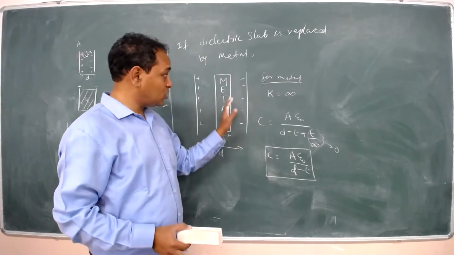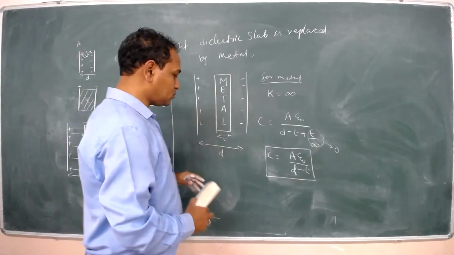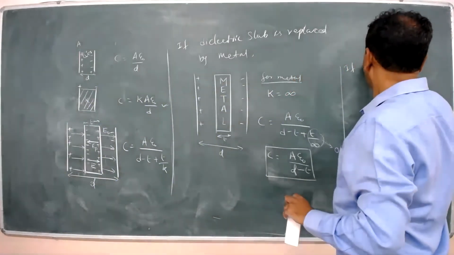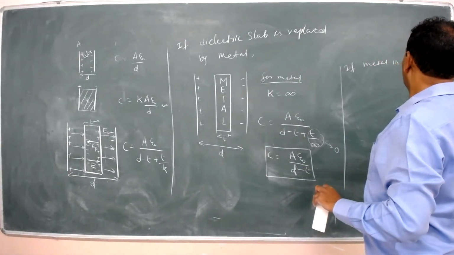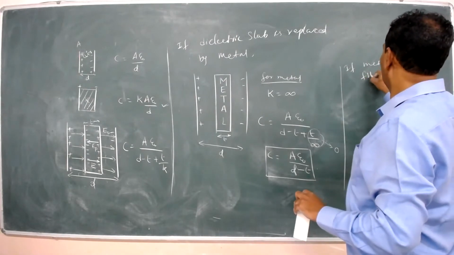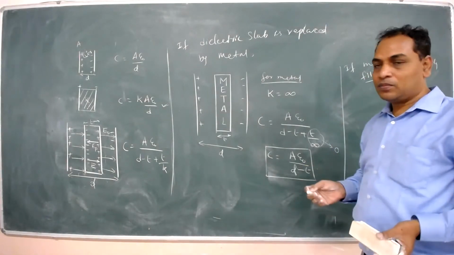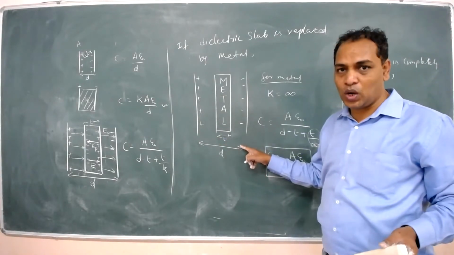Suppose this metal is completely filled, then what happens? If the metal is completely filled, that means T and D should be equal.